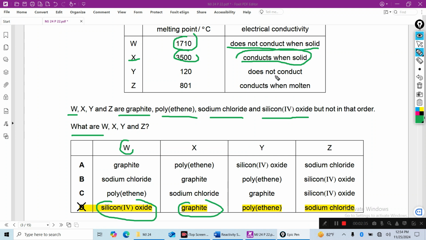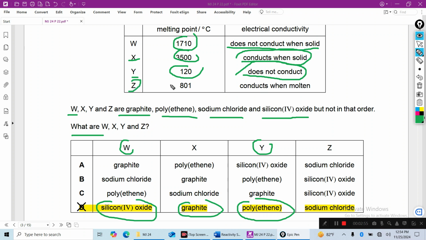And Y is polythene, low melting point, and it does not conduct electricity, it is covalent.